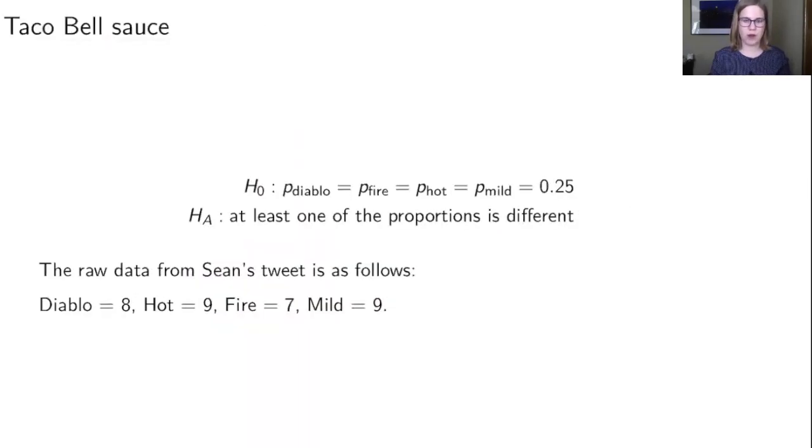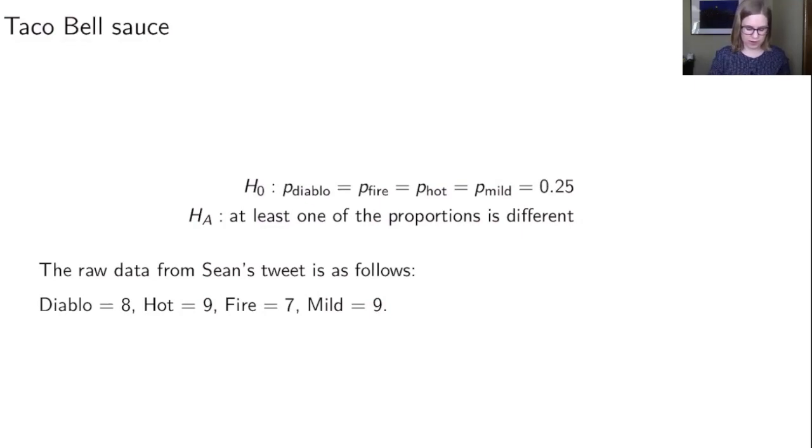So if we were going to write out our hypotheses here, we would say our null hypothesis is that the proportion of Diablo sauce is equal to the proportion of fire sauce, is equal to the proportion of hot sauce, is equal to the proportion of mild sauce. Because I have 4 categories there, that means that I'm saying that I think all of those proportions are 0.25.